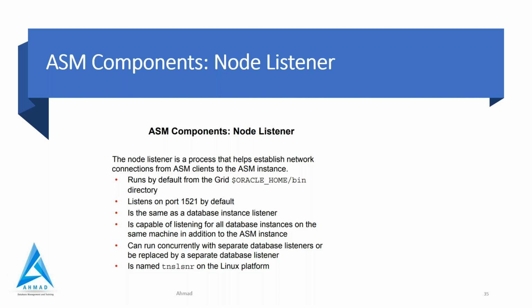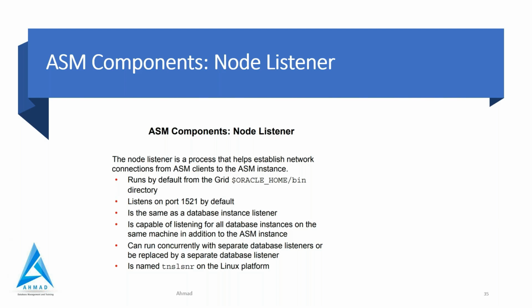The node listener is the same as a database listener or Oracle Net listener, because ASM is usually installed before installing the database. So the node listener is configured and started automatically to provide a gateway to the ASM instance for remote clients.